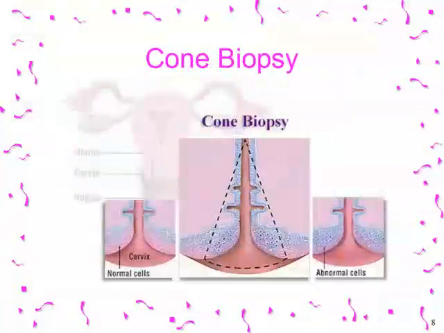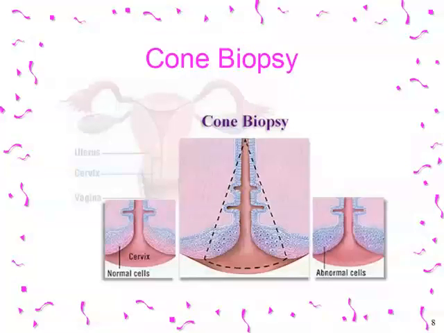Cone biopsy is done for diagnostic measures, and a cone portion of the cervix containing suspected malignant or infected tissue is removed. After this particular surgery, the woman will have bleeding from the site, and if it's excessive or if the woman has any hemorrhaging, the cervix may be sutured to control blood loss.